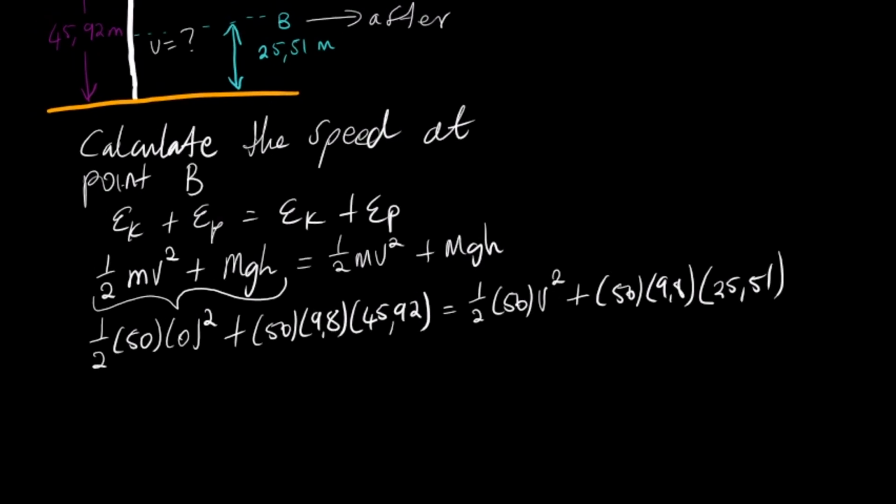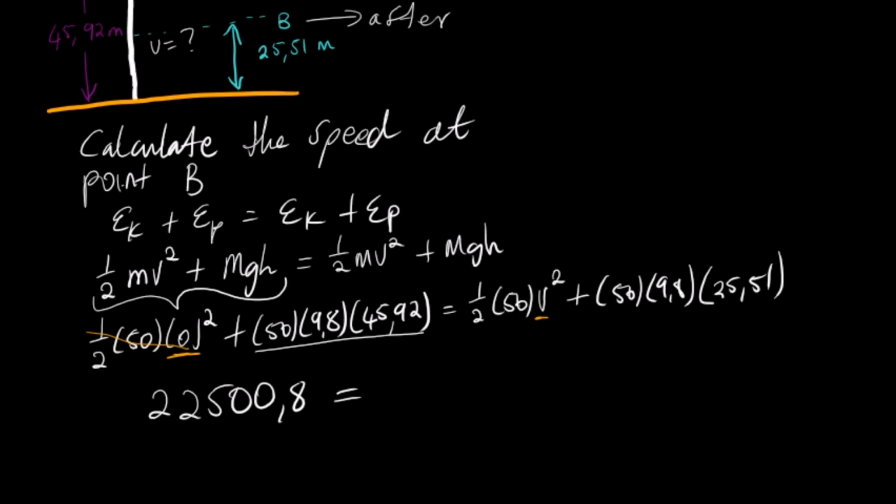Now we can see that this 0 multiplied by the other terms will simply be 0, and then we can solve for this v. So we are going to punch this on a calculator. Now this should give us 22500.8.